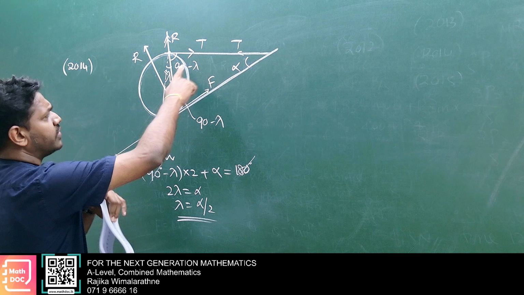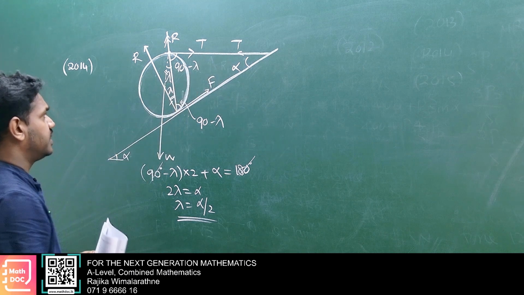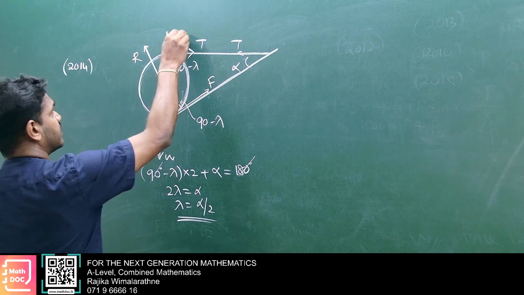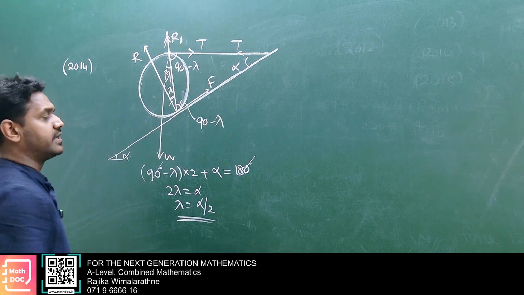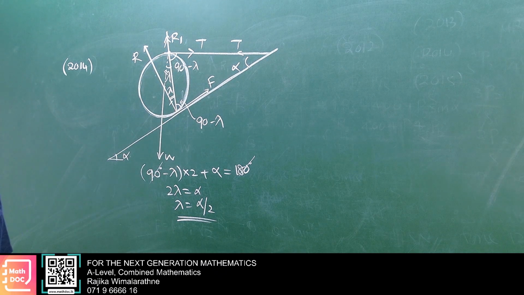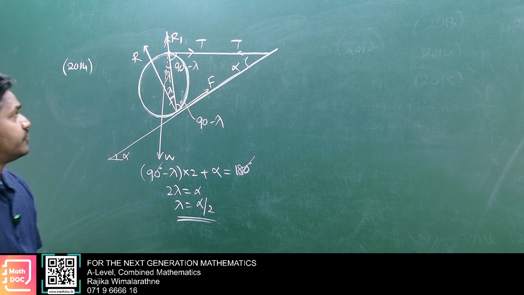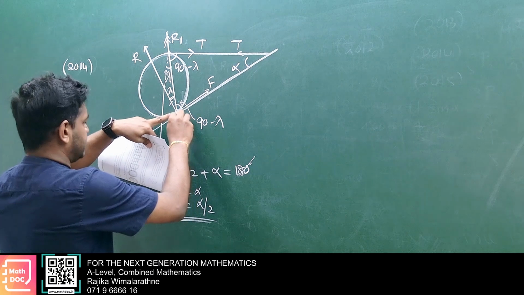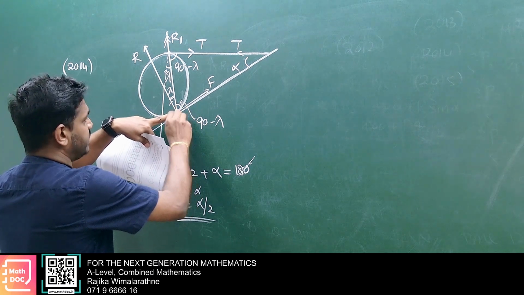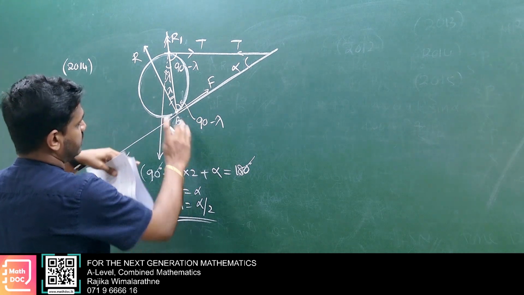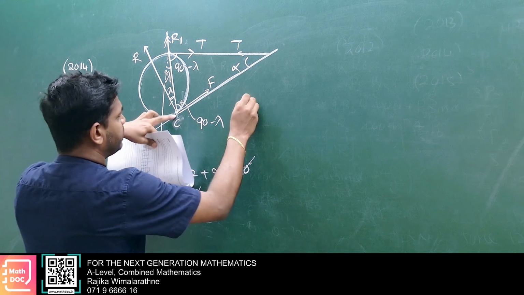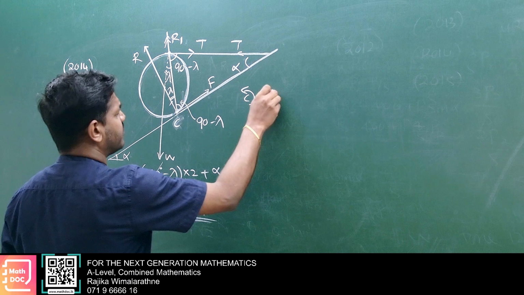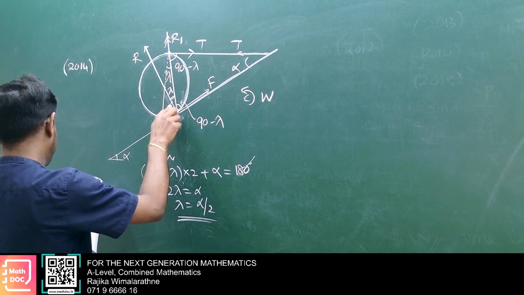Then you can resolve horizontally and vertically. You consider F, R, here R1. To find the tension, better take moment about this point. Let's take this point A, this point B, say C, then take moment about C. Then W into, here radius A, no?